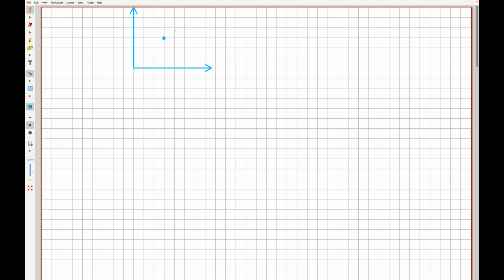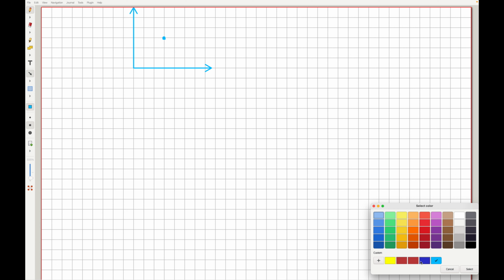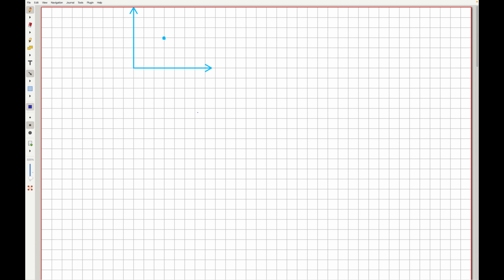When we think about any data point, we want to think about an arrow that starts from the origin and goes all the way up to the point right here. And this arrow is what we call a vector.